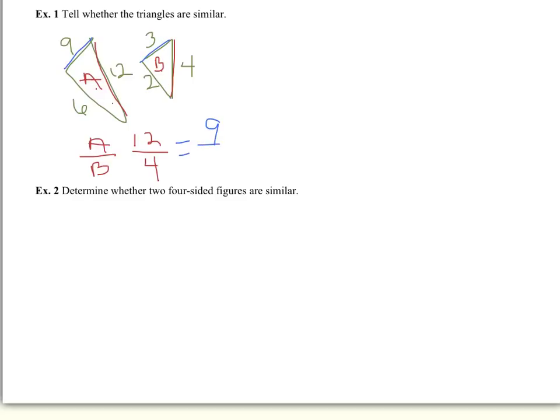So I'm going to set up another ratio comparing the 9 and the 3. I can figure out if they're proportional by looking at their cross products. So 9 times 4 is 36, and 12 times 3 is 36. So that was a yes, right? Because those two parts are corresponding.